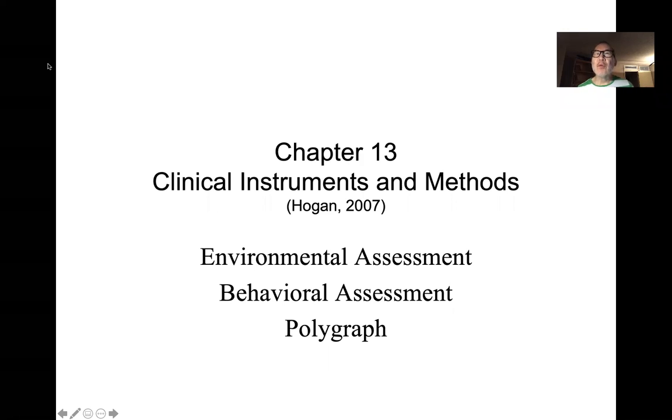This is important to keep in mind because in terms of collecting data on clients or patients, we certainly do a lot of other things besides just using psychological tests. What's really part of the norm is to collect behavioral data. So that's what we're going to be talking about in this chapter. So let us proceed.